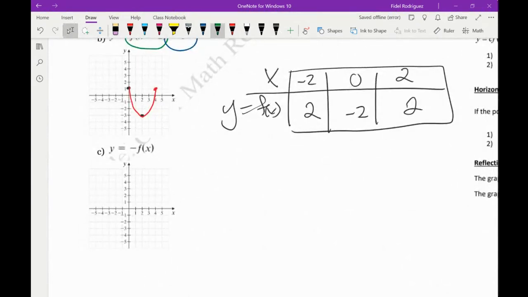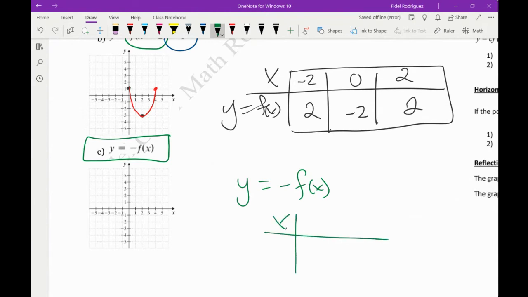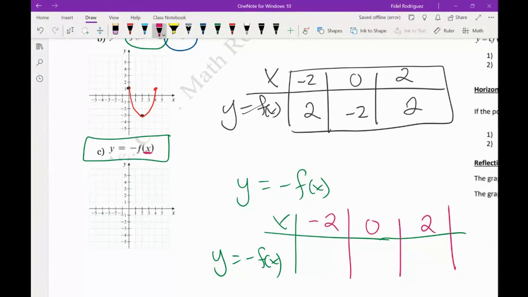let's see if we can do C. Okay, so C says y equals negative f of x. All right, first thing I want y'all to notice is inside here, nothing changed. So since nothing changed, my x values are going to look exactly the same.